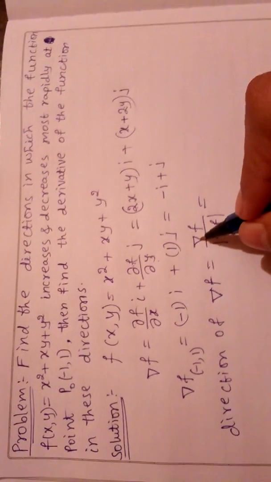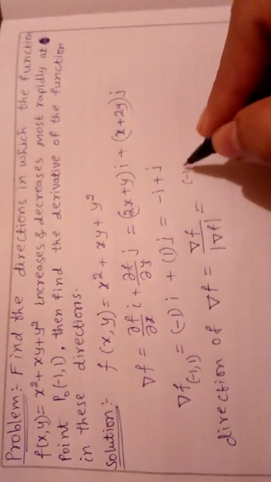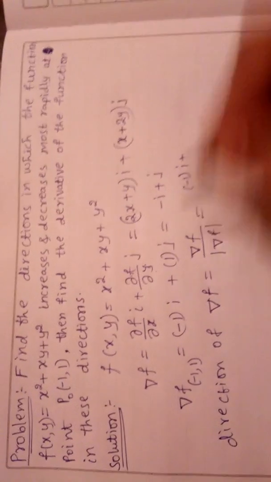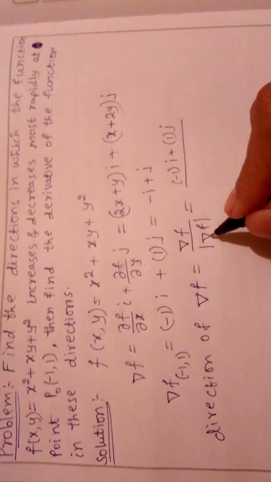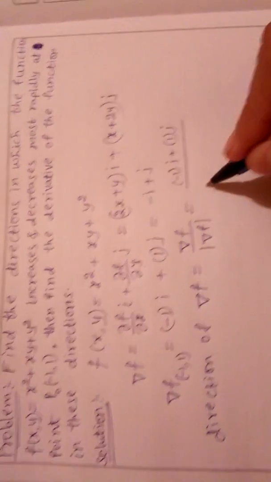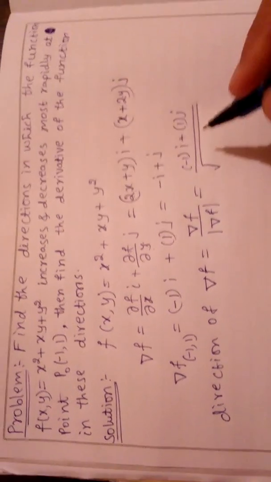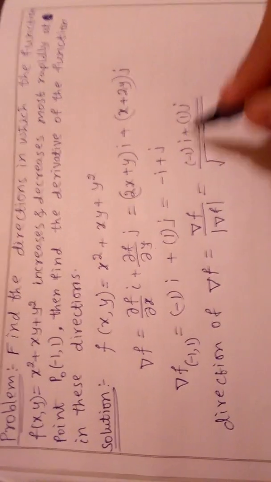The direction is the gradient vector divided by its magnitude. The gradient vector is -1 into i plus 1 into j, and its magnitude is the square root of the sum of squares of the coefficients of i and j.